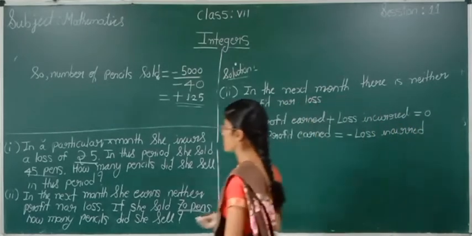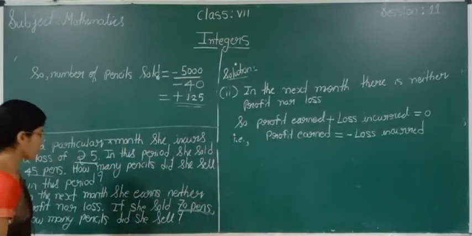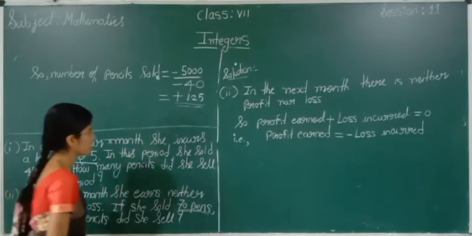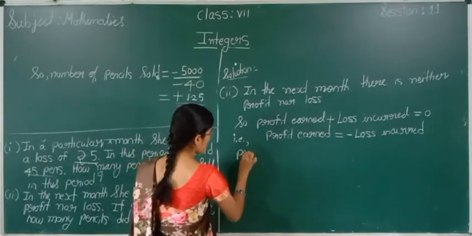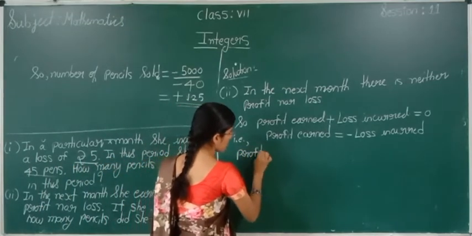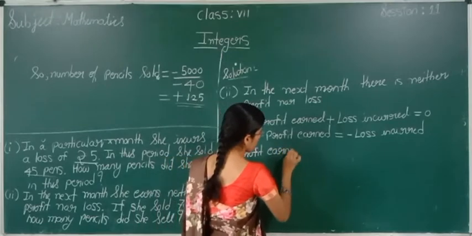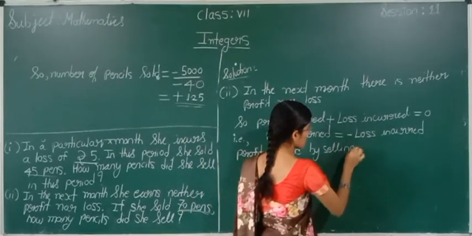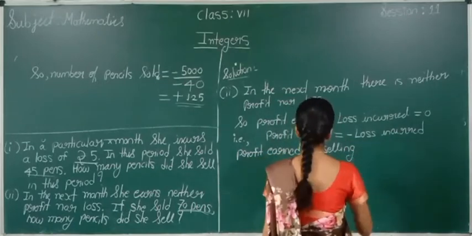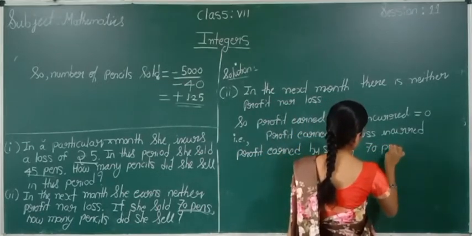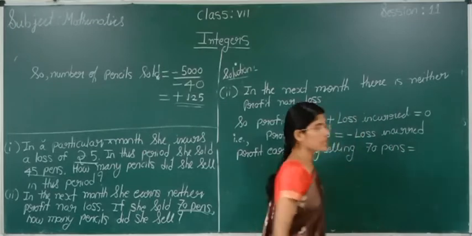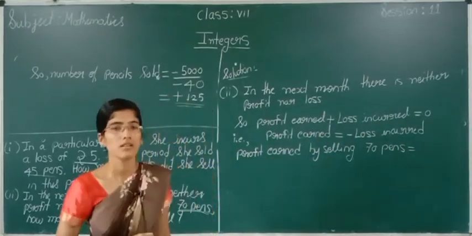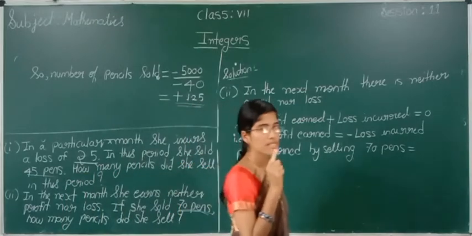Now see, how many pens she has sold? 70 pens, right? What is the profit earned by selling 70 pens? We knew that for 1 pen, a shopkeeper gets a profit of ₹1.